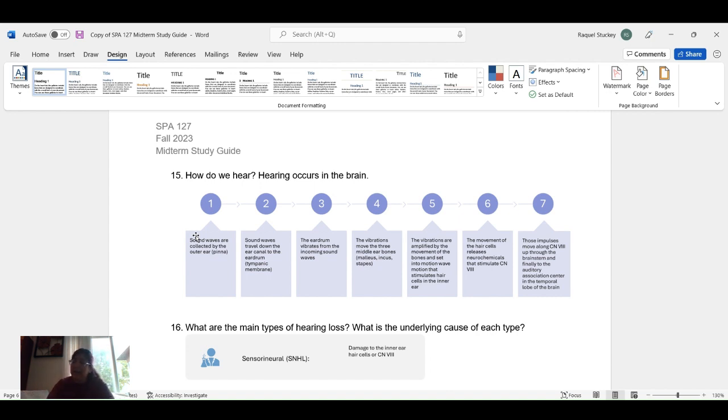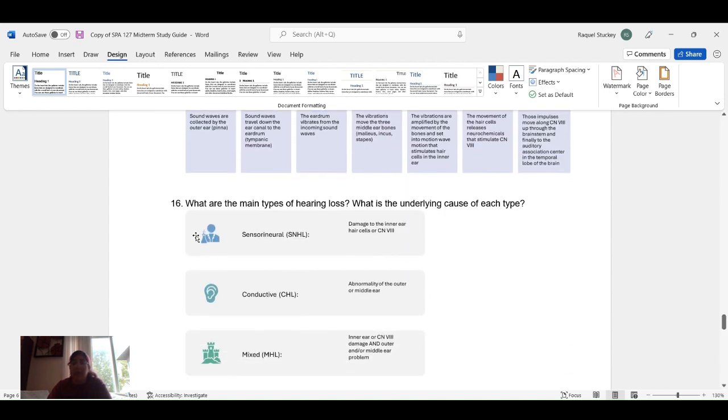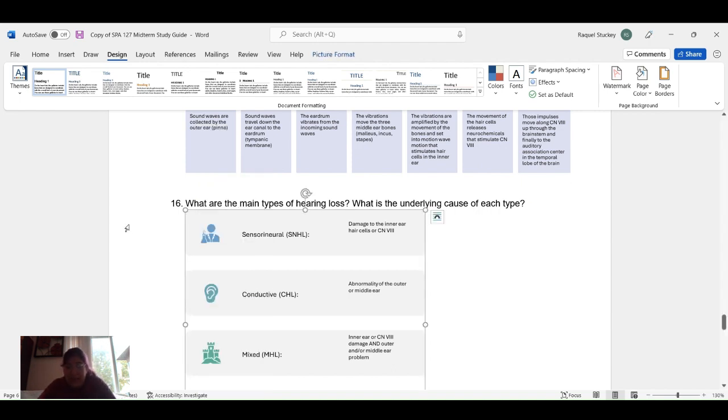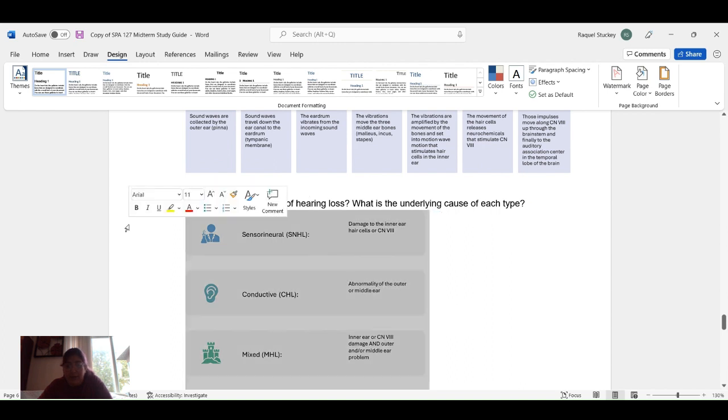What are the main types of hearing loss and the underlying cause of each type?